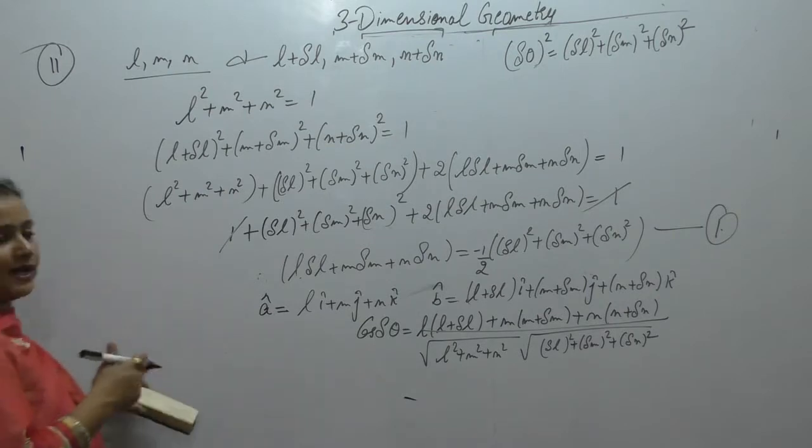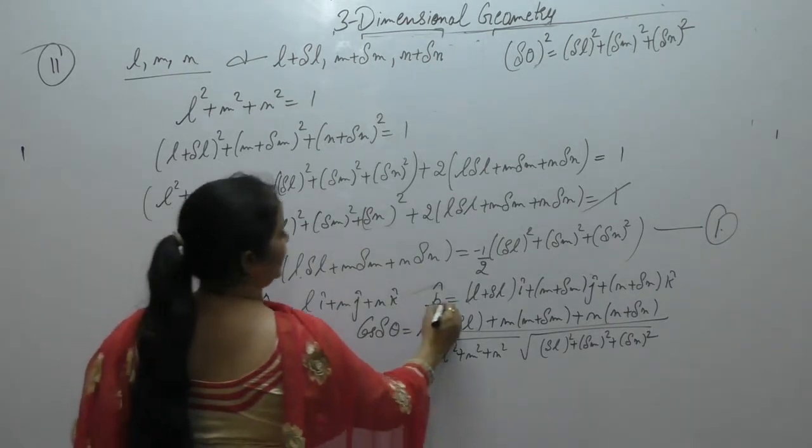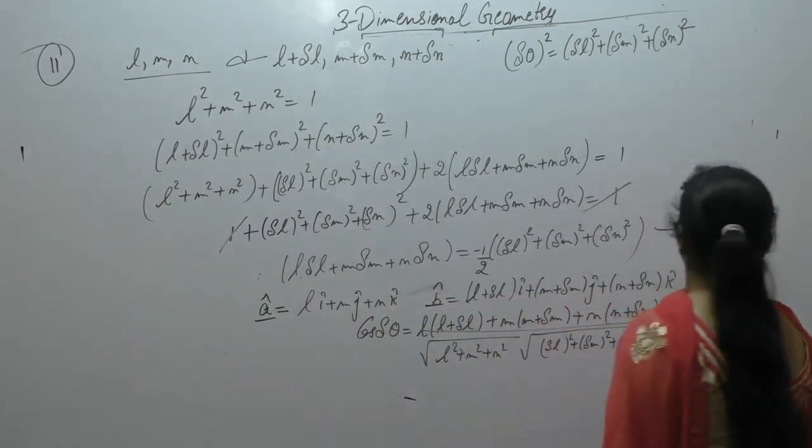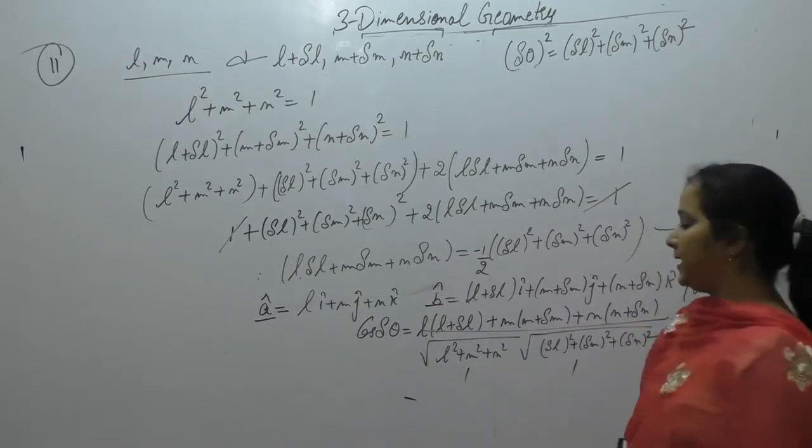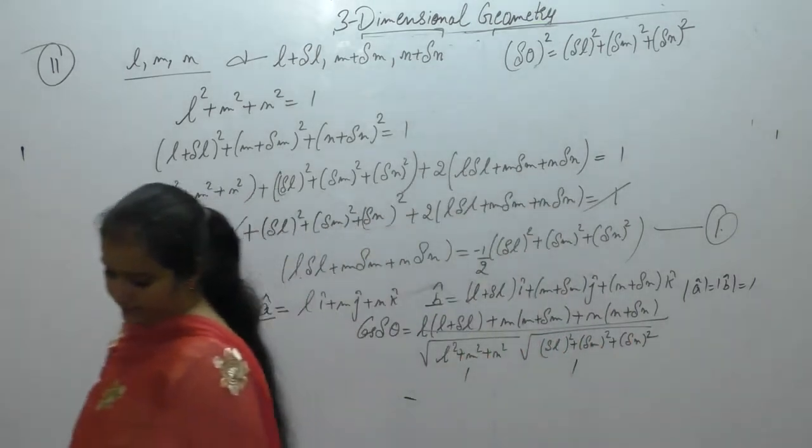Since both of these are unit vectors a and b, the magnitude of each is equal to 1. So the denominator has value 1.